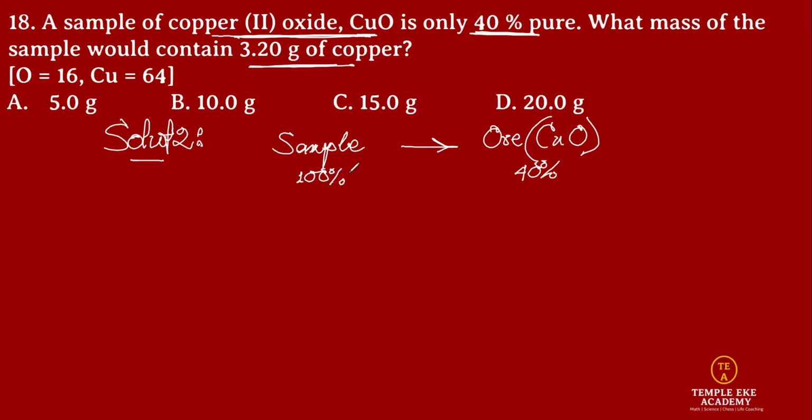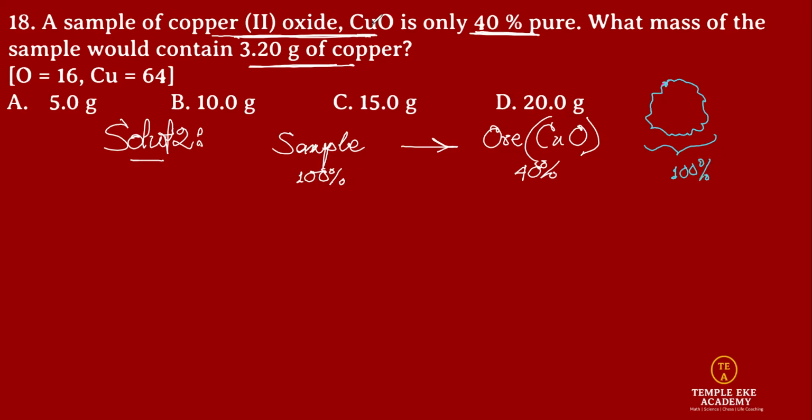So we have this as the representation. If we have the whole sample, this is the whole sample here. This may represent what we intend to have. The whole sample is everything here, and this is 100%. That's the sample.